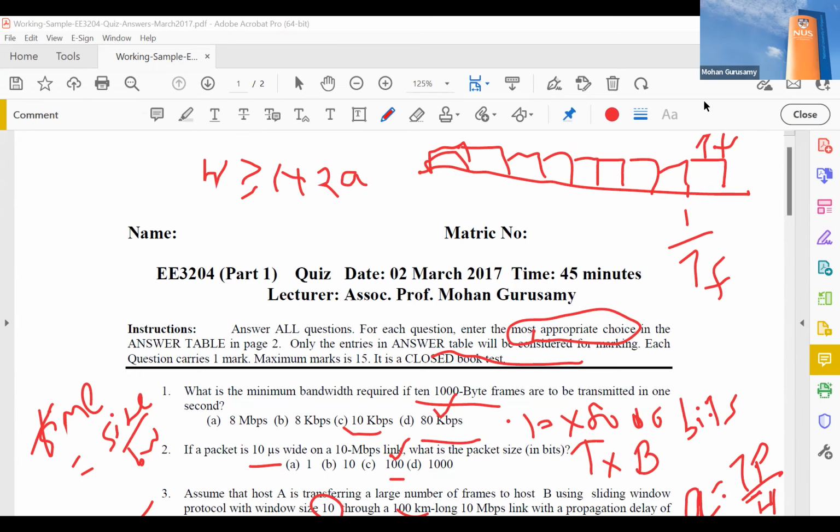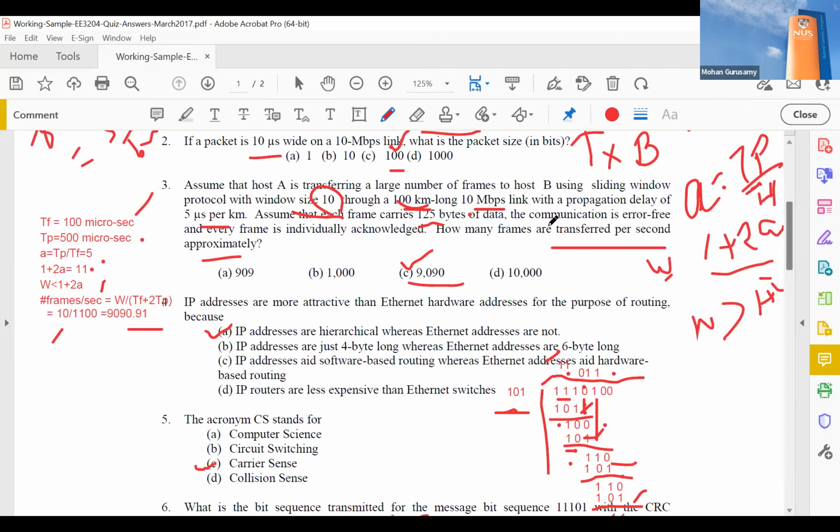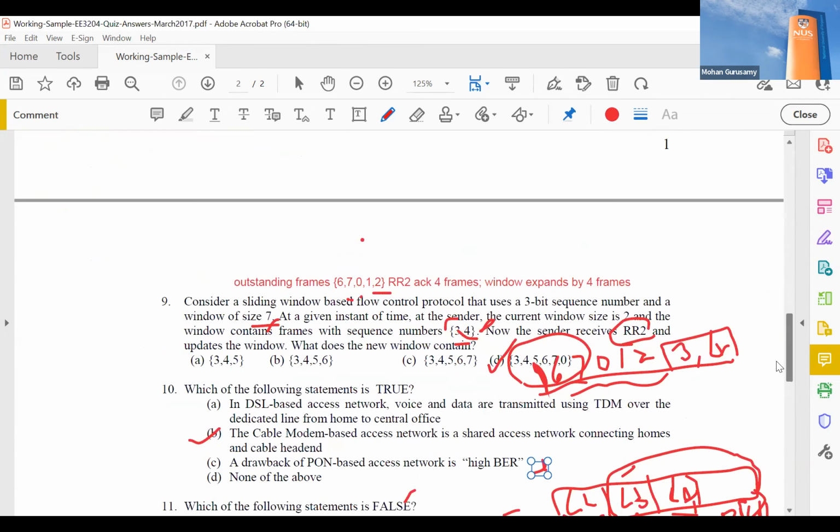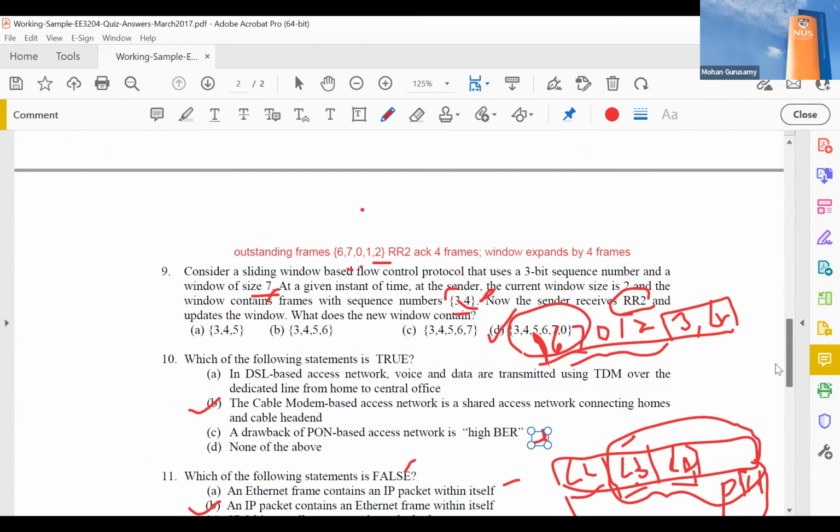For question number 9, why is frame 2 not in the window if it is not acknowledged yet? I think the meaning of window is this.